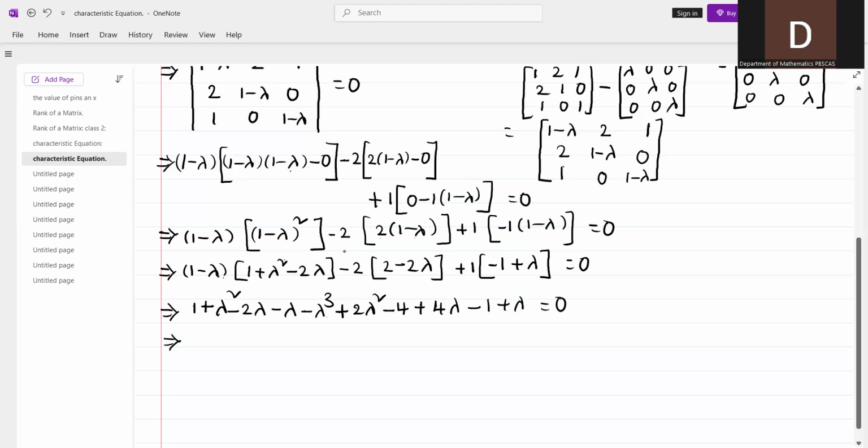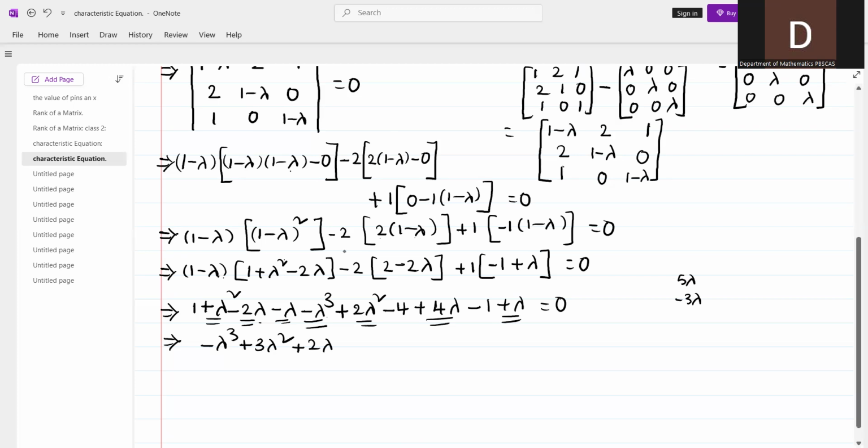That implies write the highest powers. Why? Because we need a polynomial equation. So minus lambda cube, this is the highest power. And lambda square, here 1 lambda square and 2 lambda square, the total is 3 lambda square. And the remaining lambdas: minus 2 lambda, minus 1 lambda, minus 3 lambda, plus 4 lambda, plus 1 lambda, so plus 2 lambda.